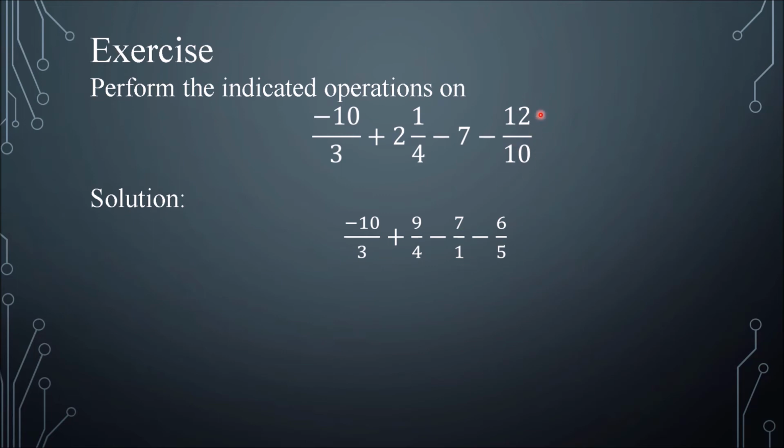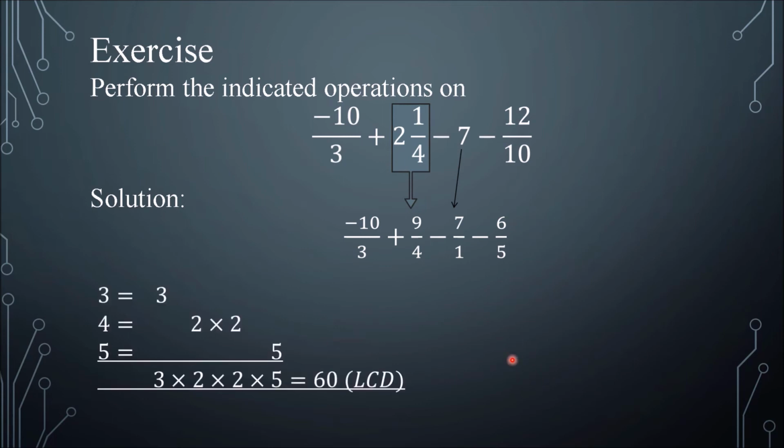And then we need to simplify 12 over 10, which will be turned into 6 over 5. So that's it. Negative 7 over 1, and then 12 over 10 is 6 over 5.